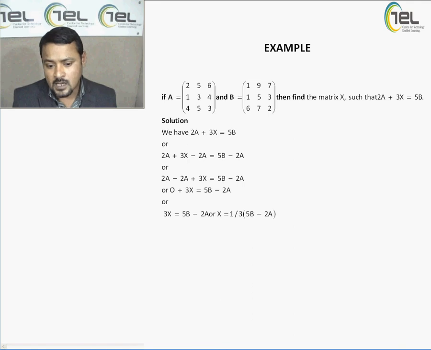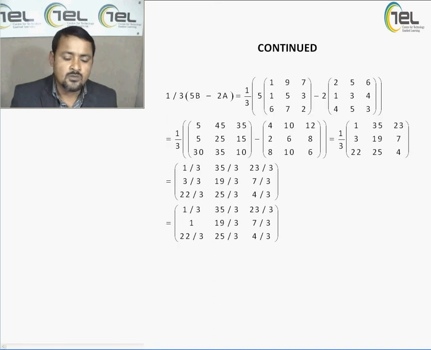So we can put the values. This is a scalar multiplication. We have already done it. So this can be written as this: 1 by 3 of 5B minus 2A, 1 by 3 into 5 of B, pardon, and minus 2 into A. We multiply the scalar value of 5 into B and 2 into A. We find 5B minus 2A as 135, 23, 3, 19, 7, 22, 25 and 4.